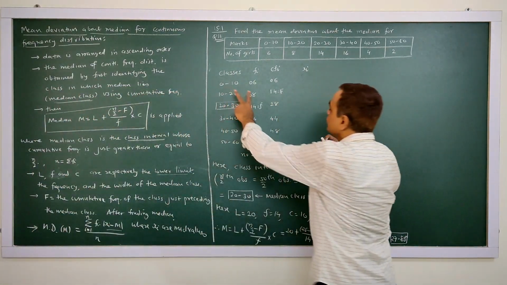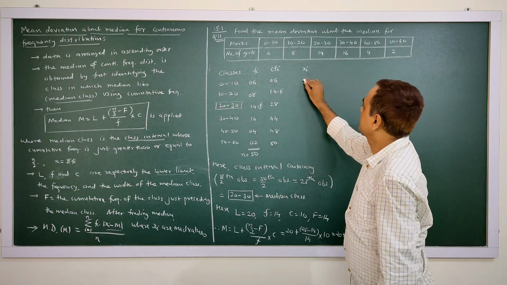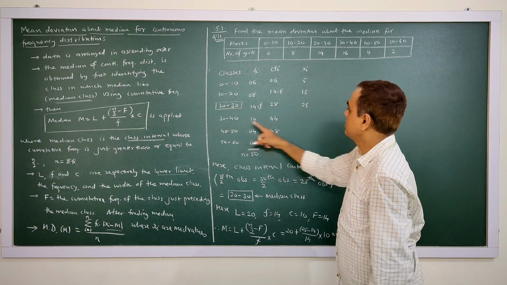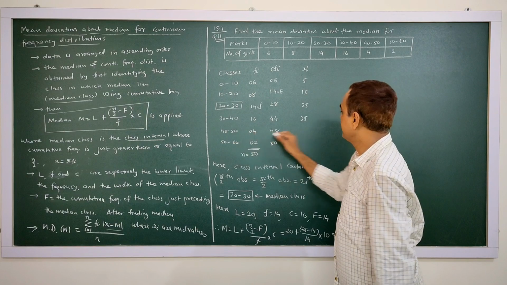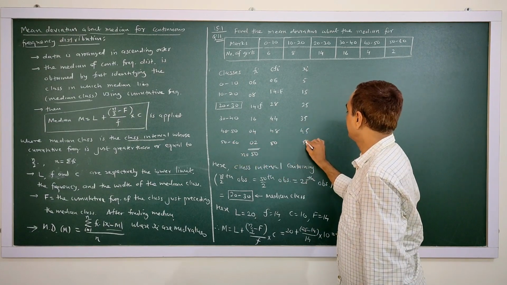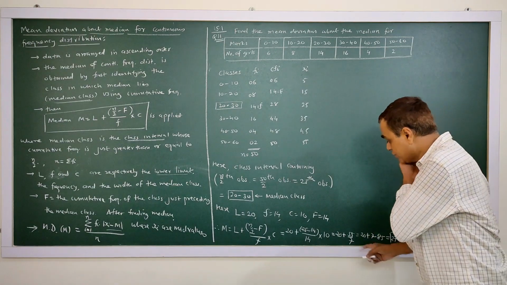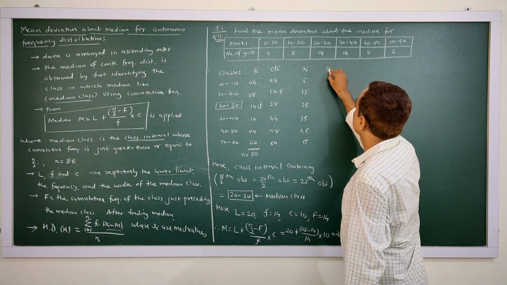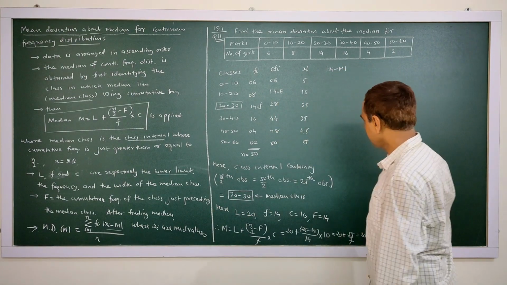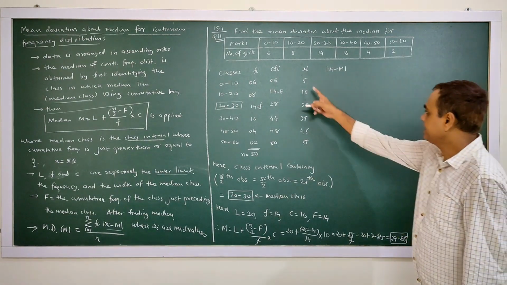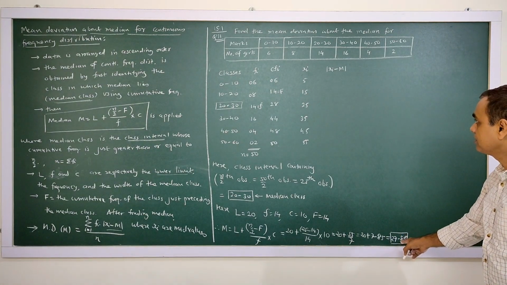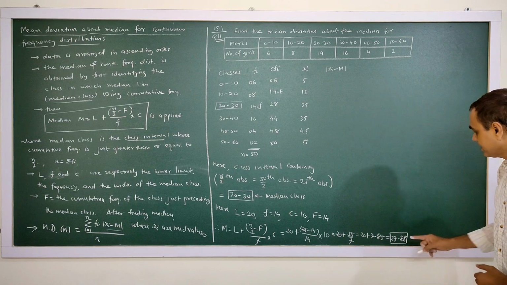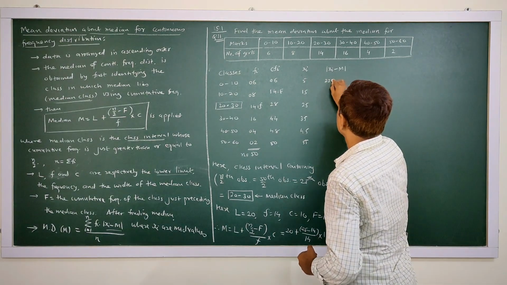The mid values, the average of the two limits, are 5, 15, 25, 35, 45, 55. Now from these values, I subtract the median, so modulus xi minus m. From 5 we subtract this number and take the positive difference, that is 22.85.